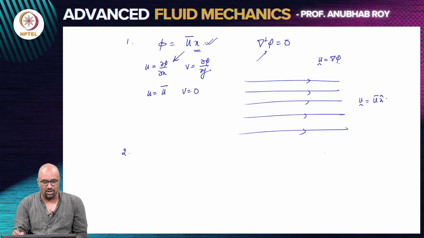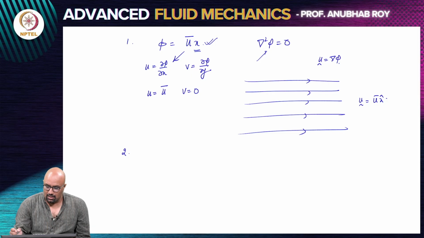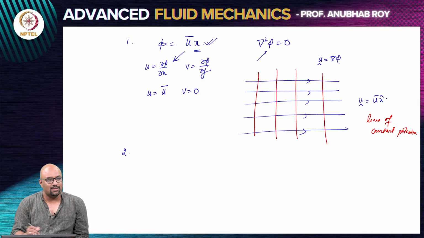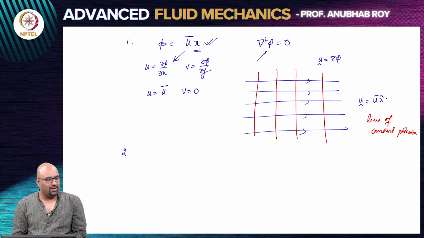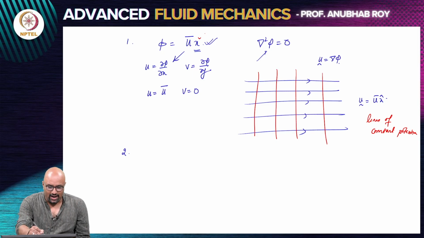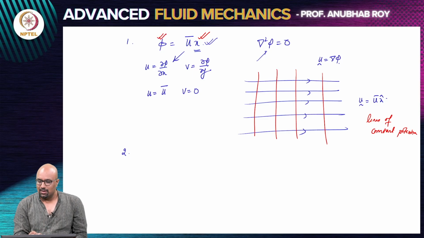Lines of constant potential should be lines of fixed x, because phi is equal to u bar x. So, when x is fixed, that gives me a constant phi. So, lines of constant x are basically lines of constant phi and the horizontal lines are streamlines.